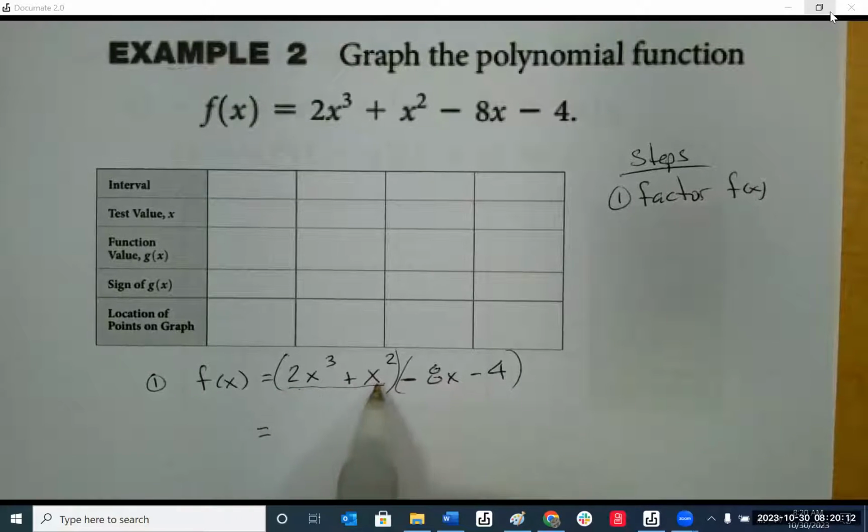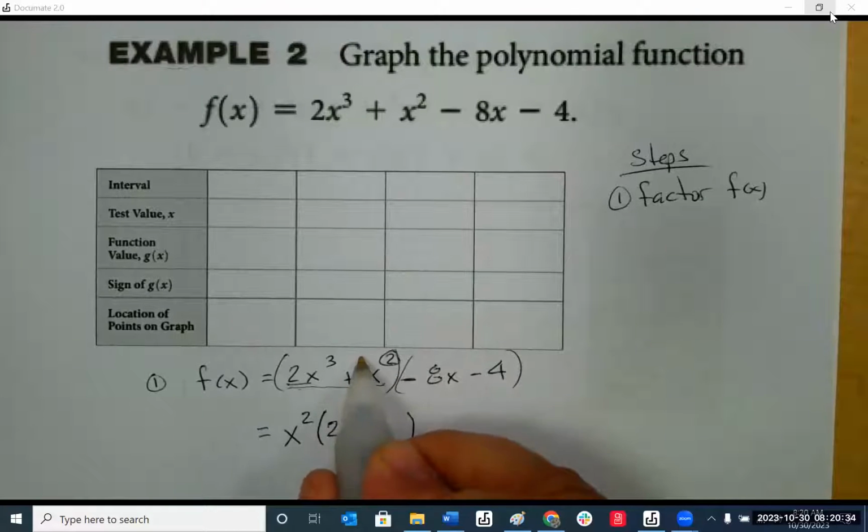Inside the first parenthesis, they both have at least 2 x's. So I take out x squared. In this first term, if I took out 2 x's, I only have 1 x left. If I took away both x's there, I still have the coefficient, which is 1.